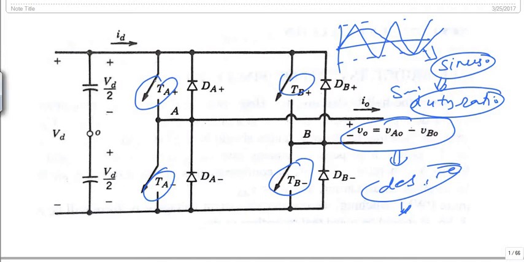Now my question is, what should be the inverter switching frequency? Inverter switching frequency is the frequency at which these inverter switches are operated, making on and off according to the switching instants. So which signal is responsible for this, the control signal or the carrier signal?